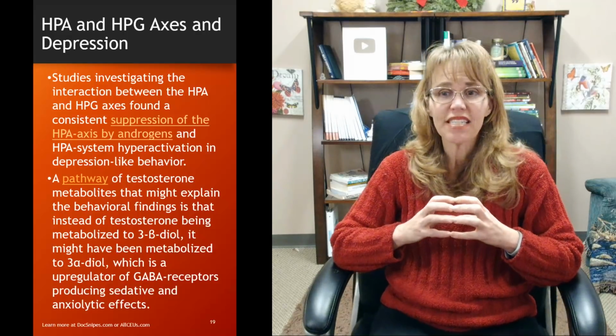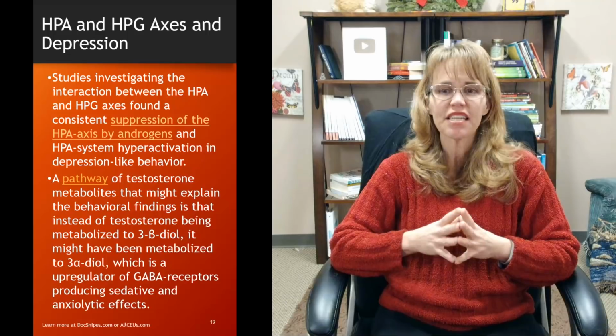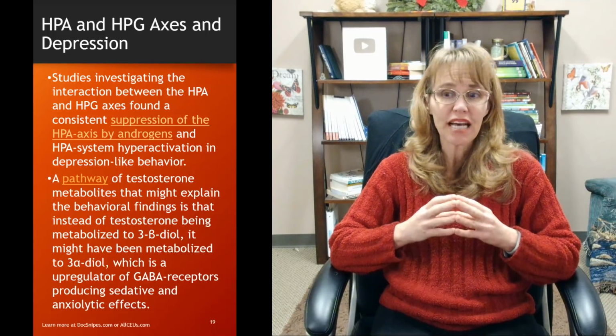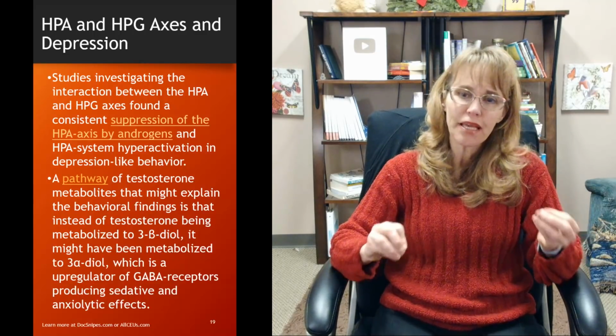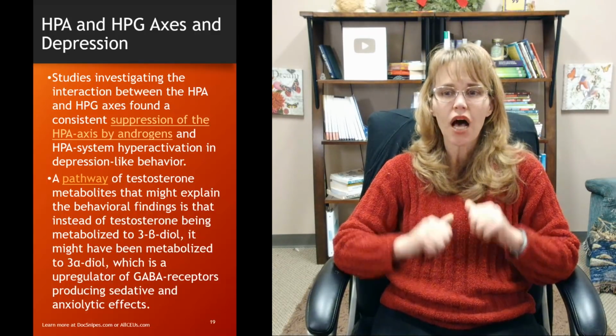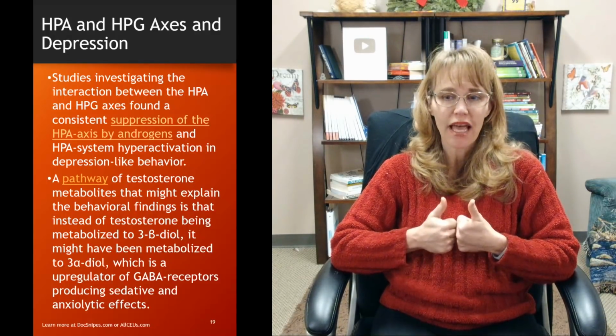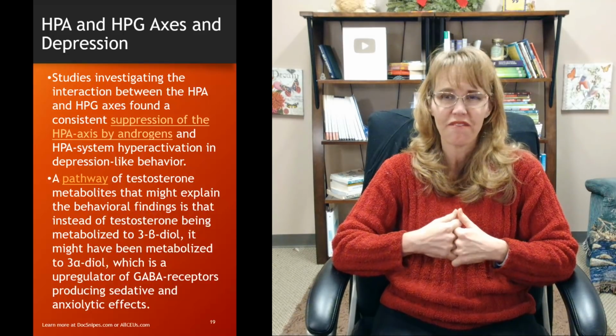A pathway of testosterone metabolites that might explain this is that instead of testosterone being metabolized into 3-beta-diol, it might be metabolized into 3-alpha-diol, which is an upregulator of GABA A receptors, which produces sedative and anxiolytic effects.